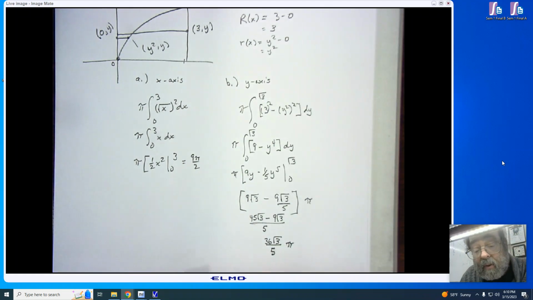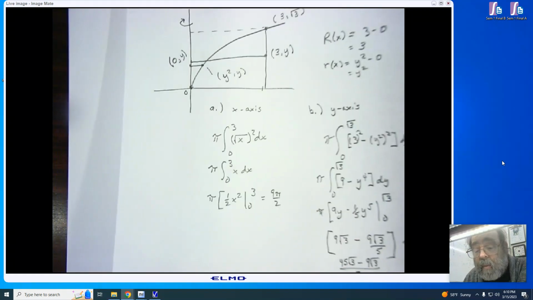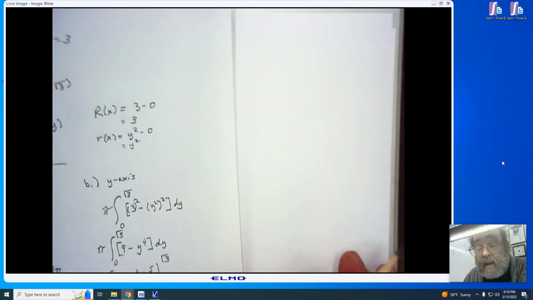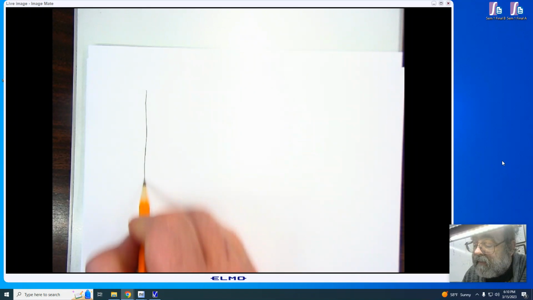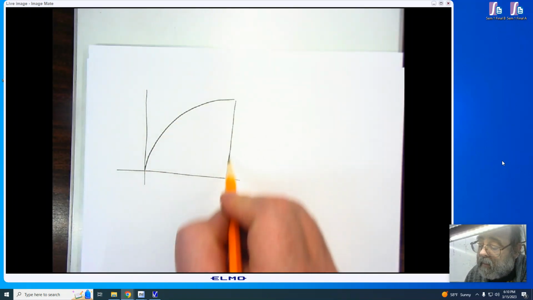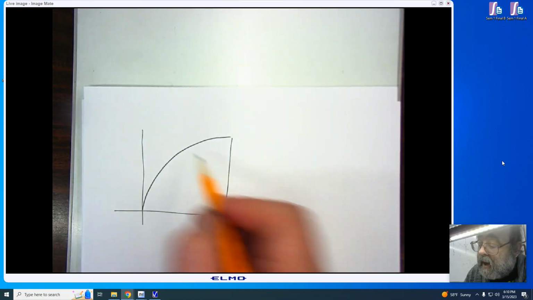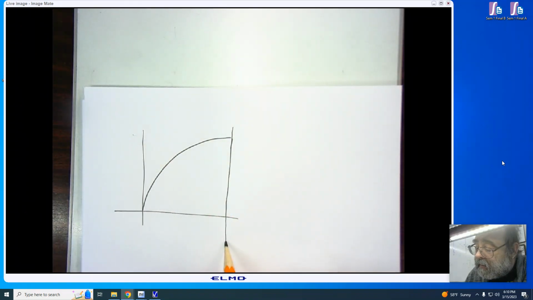This brings me to C. C now wants me to do this, but around the line x equals positive 3. So I'm going to redraw my figure. That's what I'm looking at. We're looking at x equaling 3, so that's this axis right here.